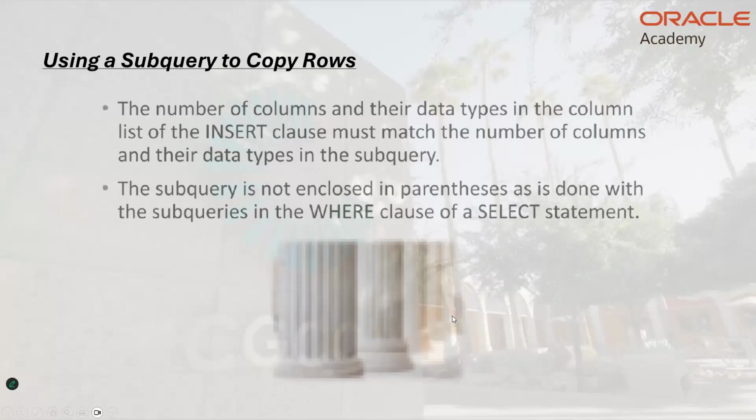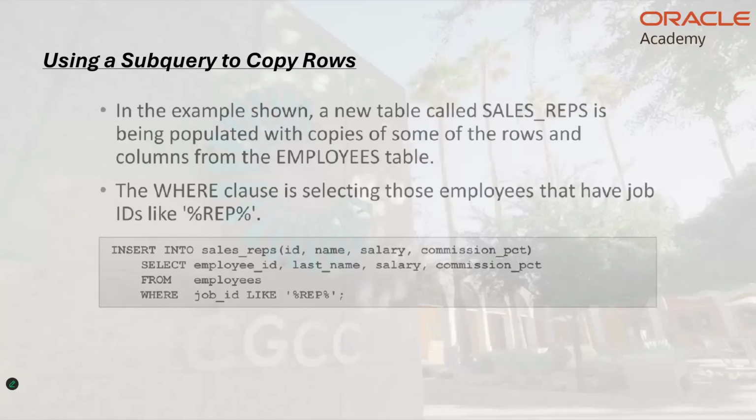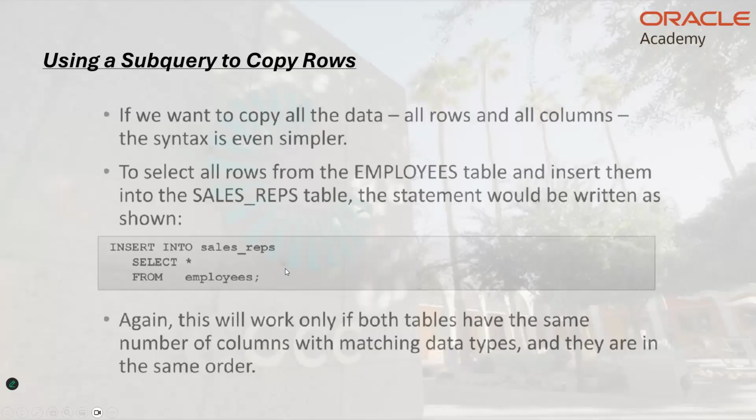The number of columns and their data types, I just said that. Make sure the number of columns matches and the data types match. That's very important. The syntax is pretty straightforward, and it'll copy multiple rows into your target table.